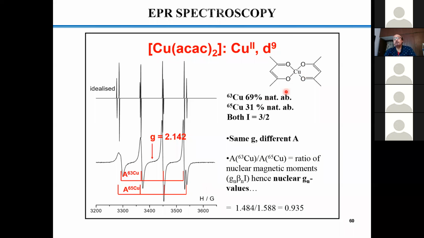Now, if you have a molecule of this, and if you look at the copper, the one line would be split by I equal to 3/2, right? All of you know that copper has I equal to 3/2, and it has a large percentage abundance. Large percentage means if we combine these two isotopes, it is almost 100%, right?